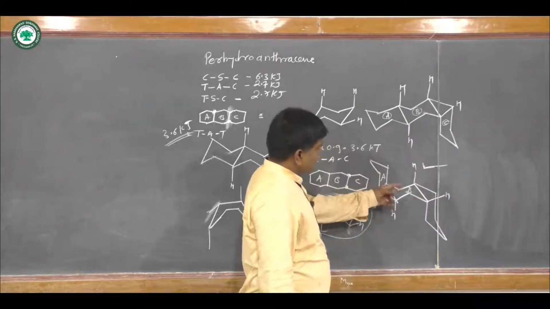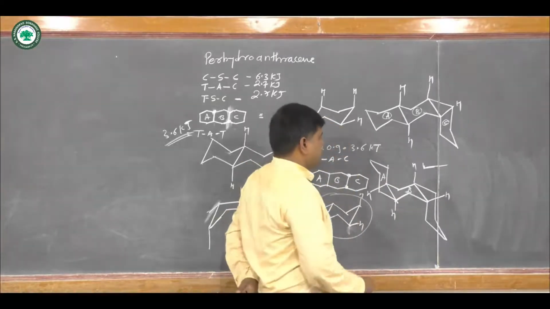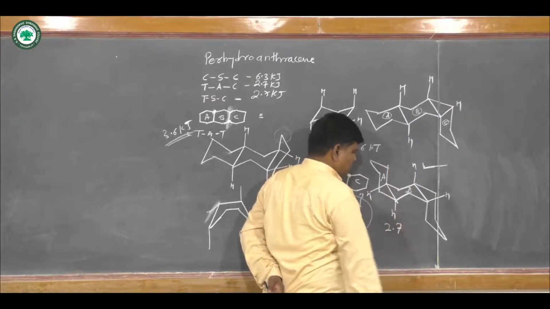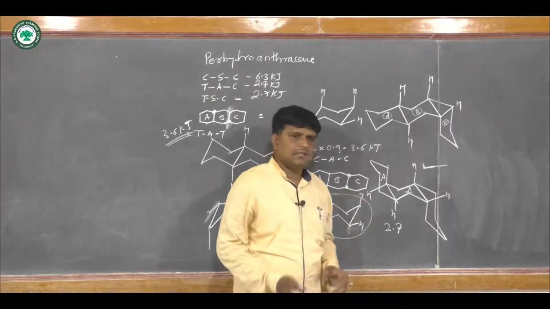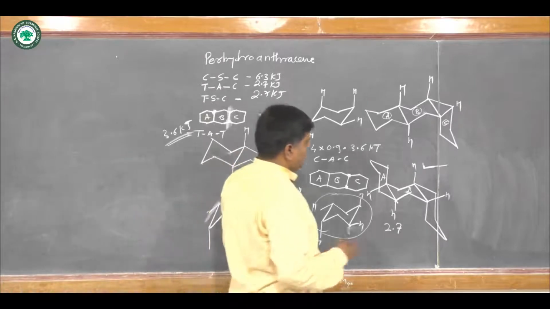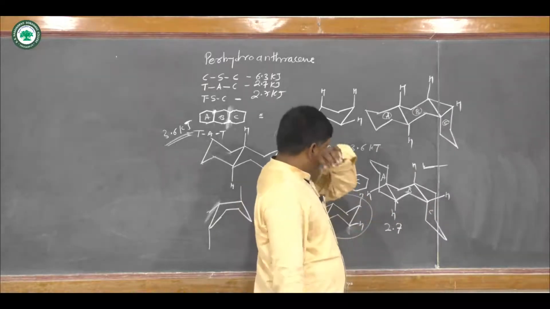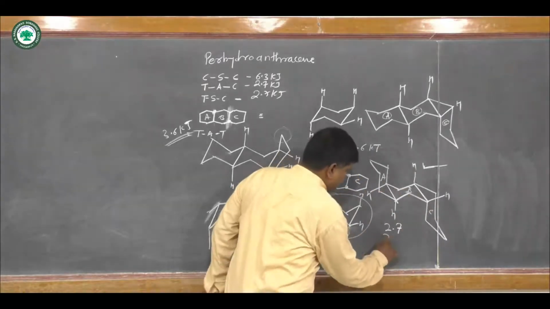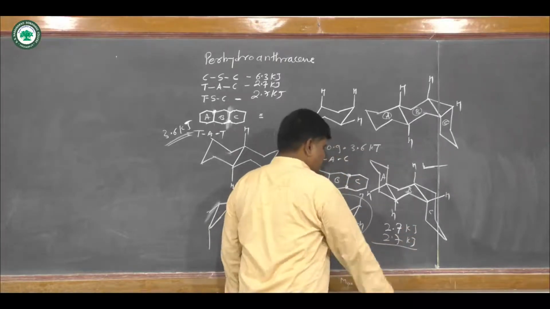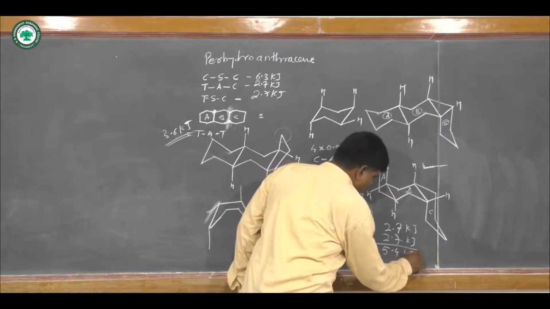at that time it looks somewhat like cis-decalin, and cis-decalin gives energy of 2.7. Why? Because there are three butane-gauche interactions possible. So for A and B we get 2.7, and in another case B and C also give a cis combination, so it also gives 2.7 kilojoules. Adding, 2.7 and 2.7 we get 5.4 kilojoules.